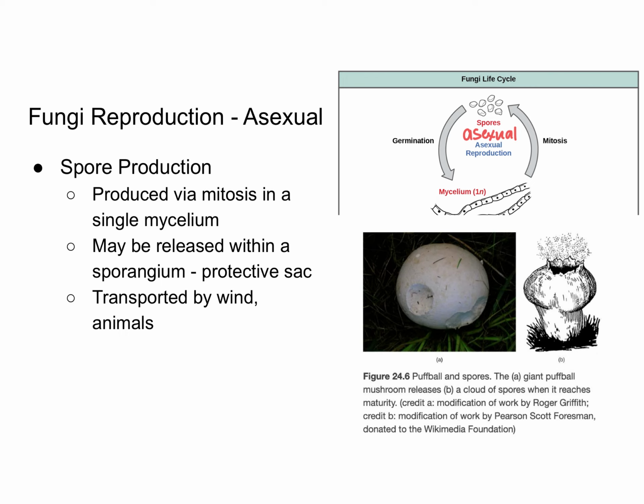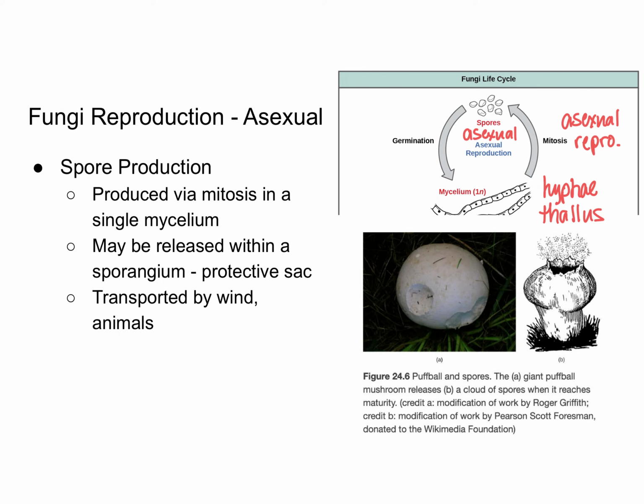And what happens is that in the mycelium, and remember the mycelium is just this network of hyphae that all together make up the thallus. And these are going to be those cells that are primarily underground with the fungus. And so these cells go through mitosis. Remember that mitosis is a form of asexual reproduction. And they form these spores.